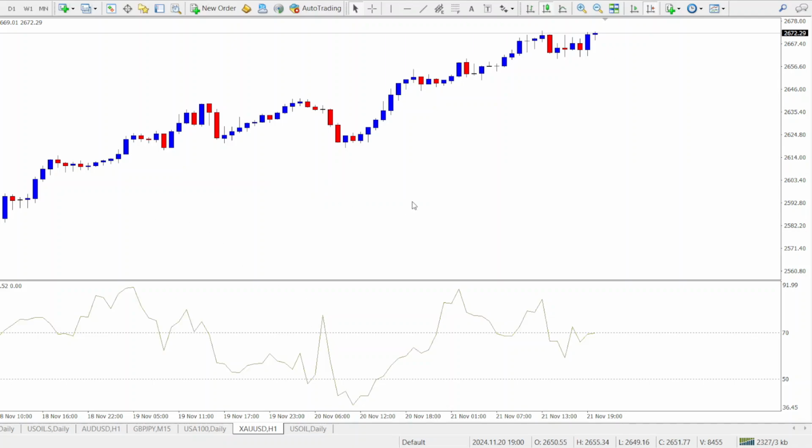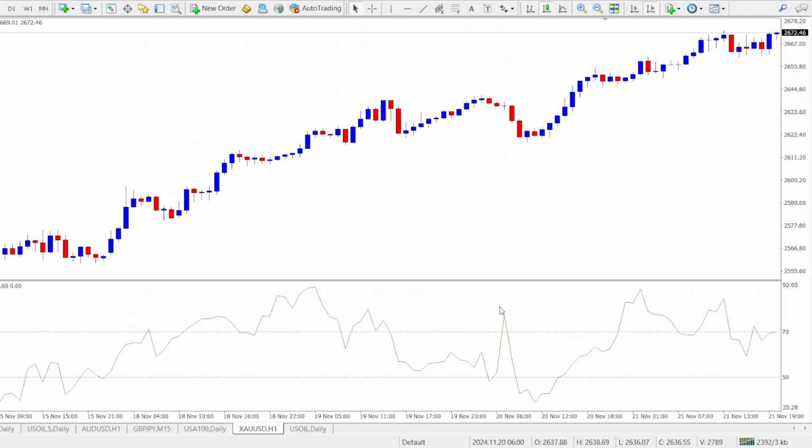So this is a momentum indicator. As we can see, the indicator helps us to identify the momentum present in the market. This indicator is built using the RSI and candlestick data.